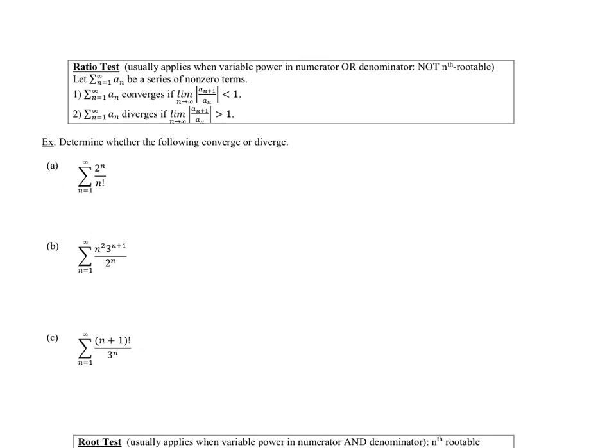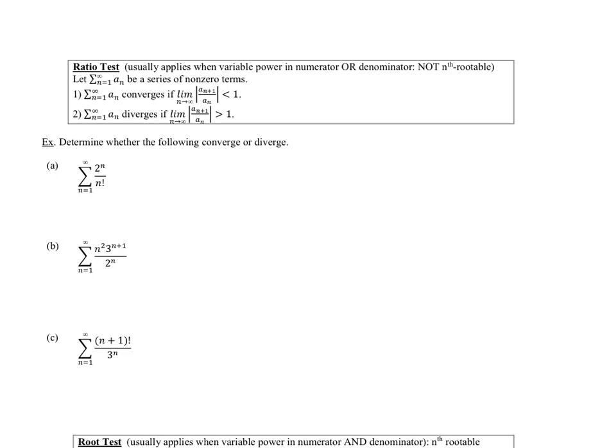Unless the exception being that you can simplify it in such a way that it ends up being a geometric series, all right? So you might look at something that's very elaborate, but then it cleans up nicely to something like 1/2 to the nth power. If that's the case, it's geometric series, right?